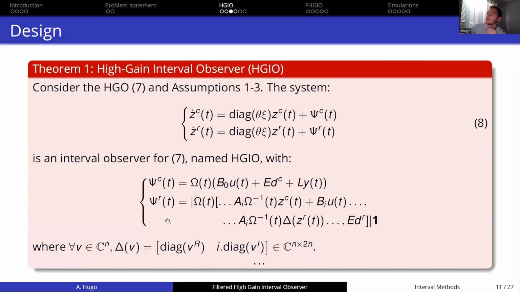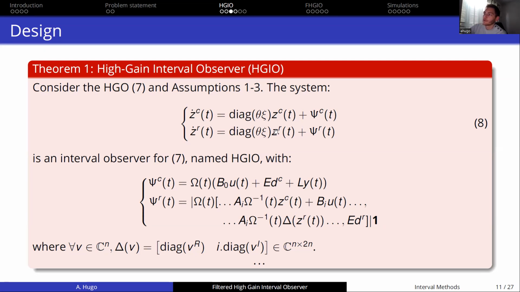So I arrive then at the main theorem of this work, which presents the high gain interval observer. Basically, it says that equation 8 here is an interval observer for the high gain observer, which was equation 7. And so it has two dynamics, one for the center, one for the radius.